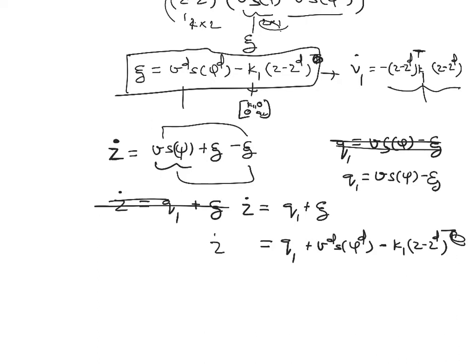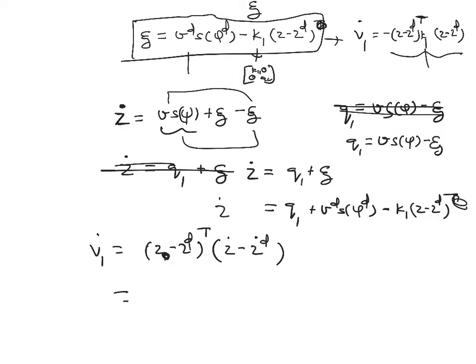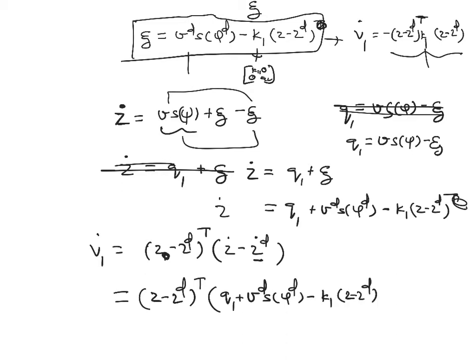If we plug that back into our v1 dot equation, v1 dot was z minus z desired transpose into z dot minus z desired dot. So now it becomes z minus z desired transpose into q1 plus vds psi d minus k1 z minus zd, and zd dot is again this.